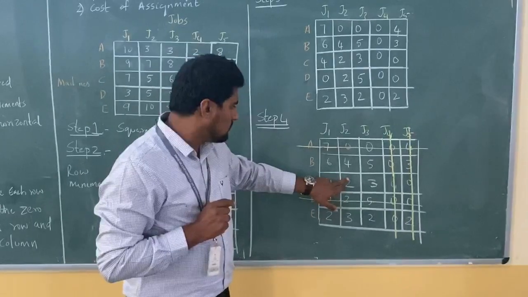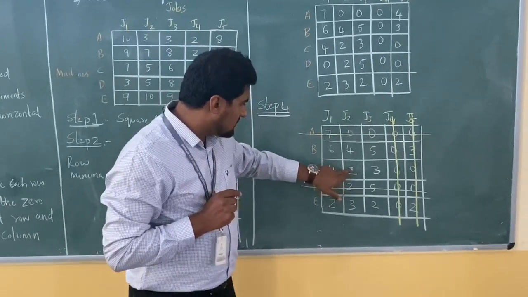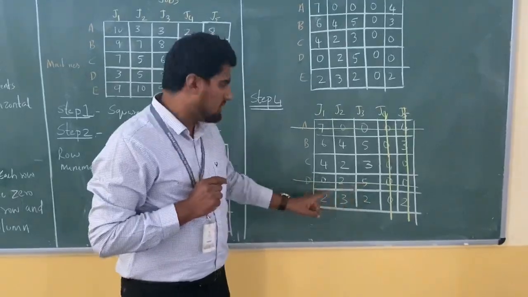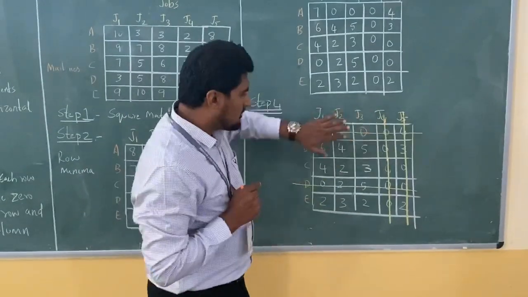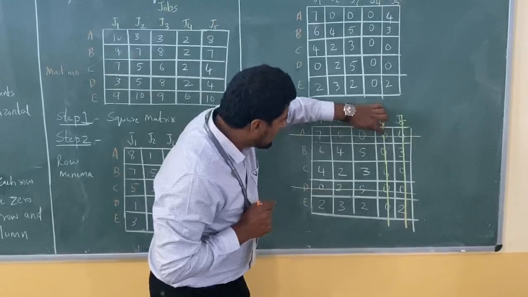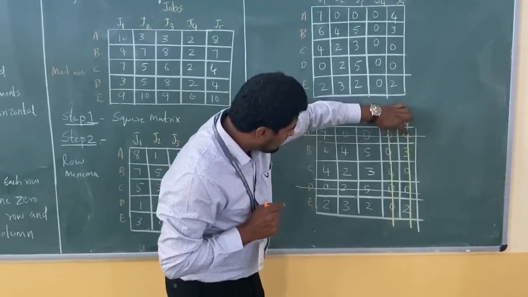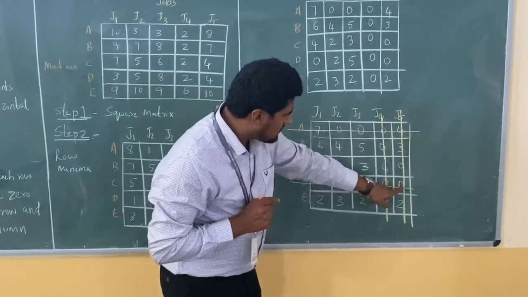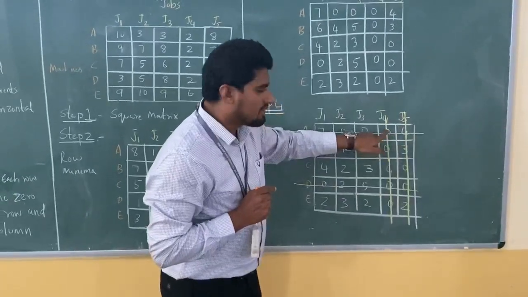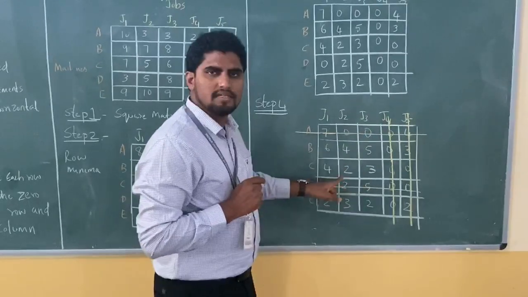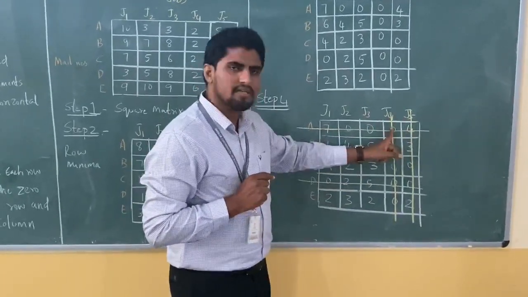We need to subtract this least number from all the uncovered numbers. And one more thing you need to remember here: at the intersection points, at this particular point and this particular point, we need to add that least number to that intersection point.